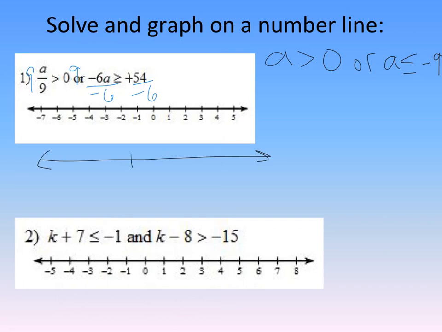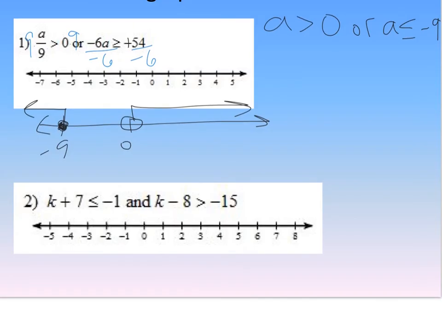So I've got 0, I've got negative 9. Open on 0, because it's greater than, not equal to, and greater than goes to the right. And then a is less than or equal to negative 9, so I'm going to have a closed circle on the negative 9, and it's going to go to the left. Boom, graphed, awesome. Let's try the next one.